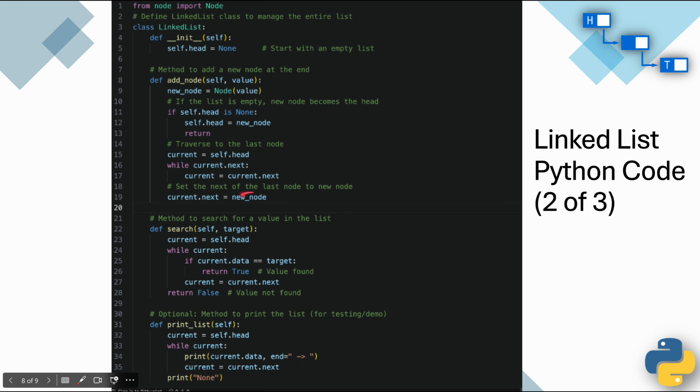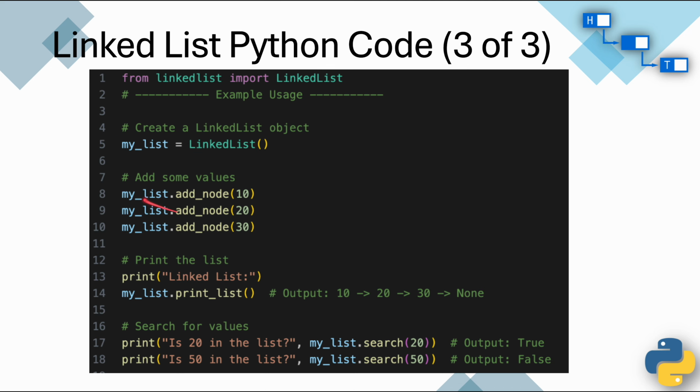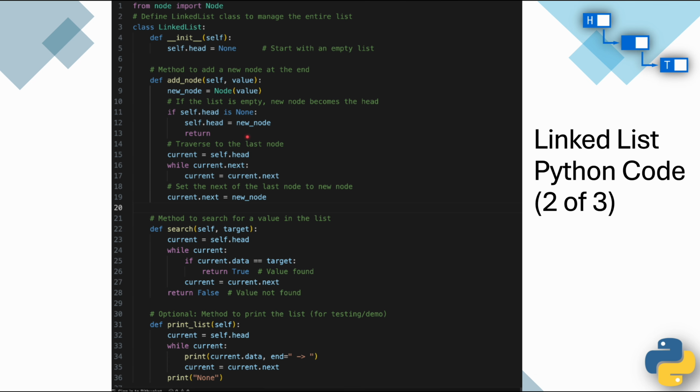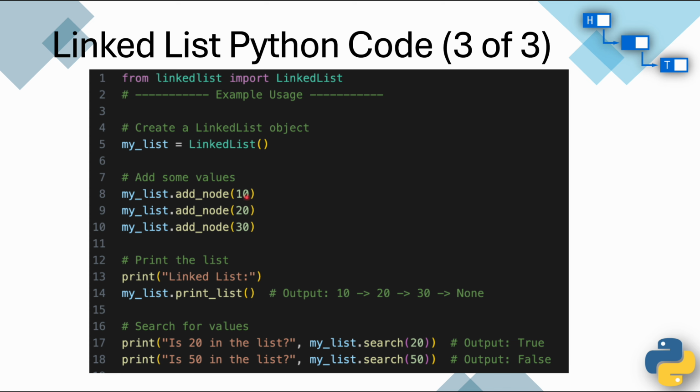Maybe in the next screen I added a main function. How do you write the main function for this? My list is equal to linked list. I created a class object for this. When I create it freshly the first time in this particular line 5, my list will hold a null linked list, which means it doesn't have any elements. Then when I call this object dot add node, this add node is called, and 10 is passed, that will be stored into the data node.